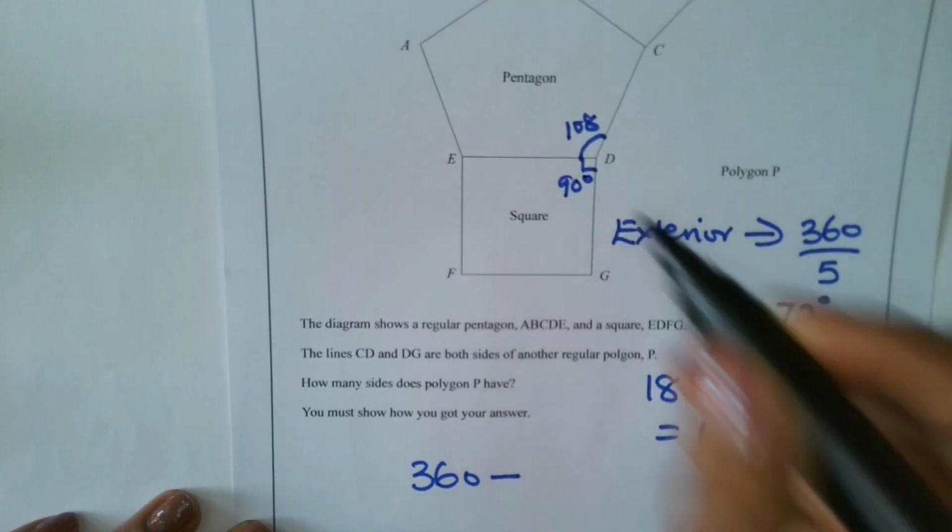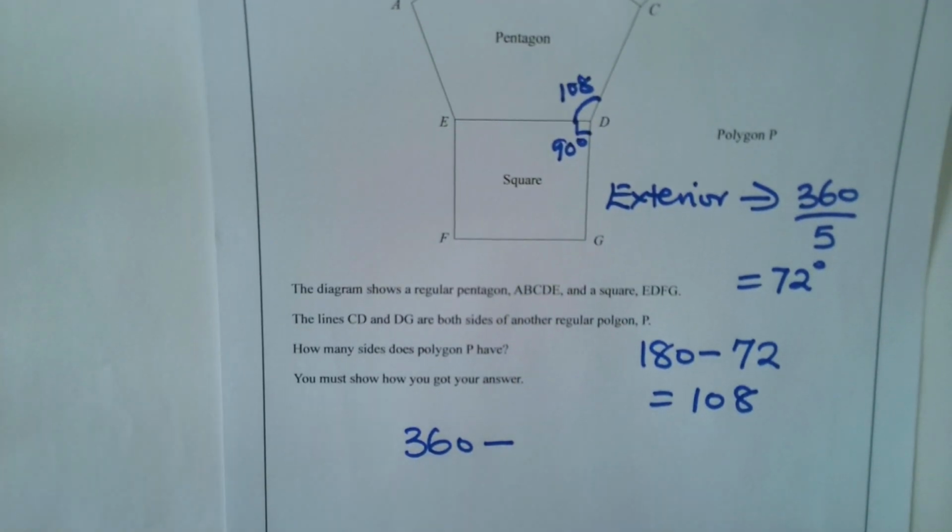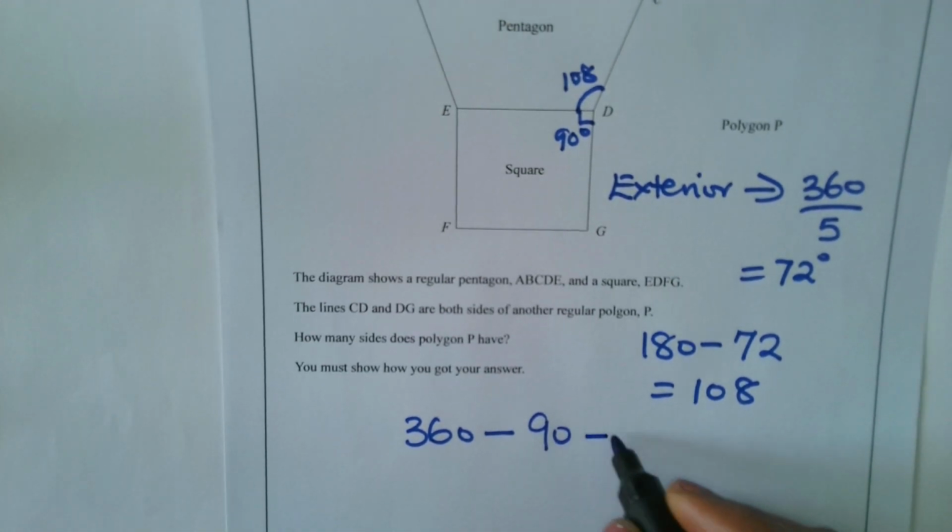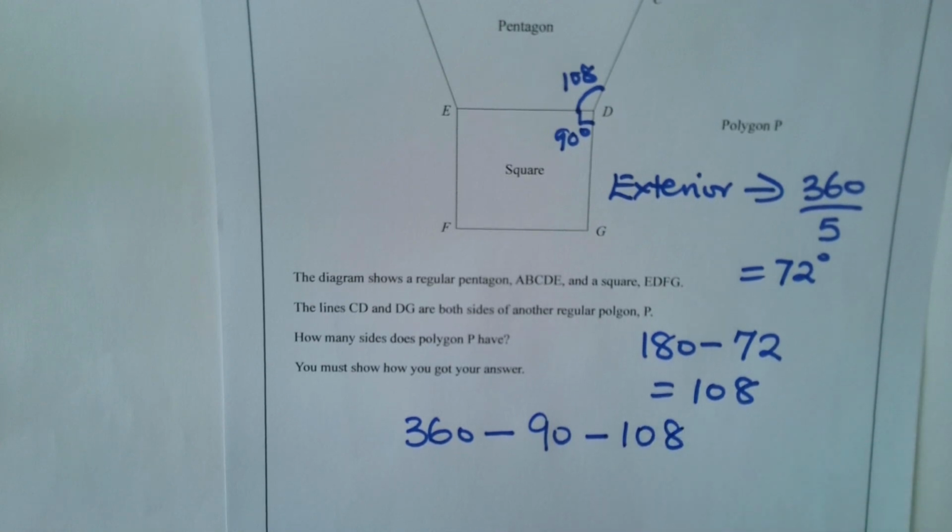So 360 take away 90, take away 90, take away 108, that would give us 162.